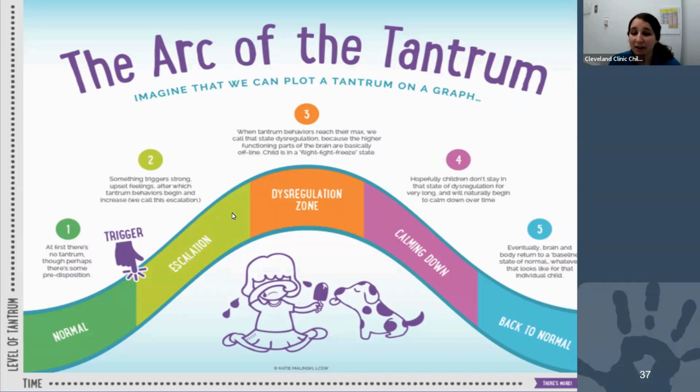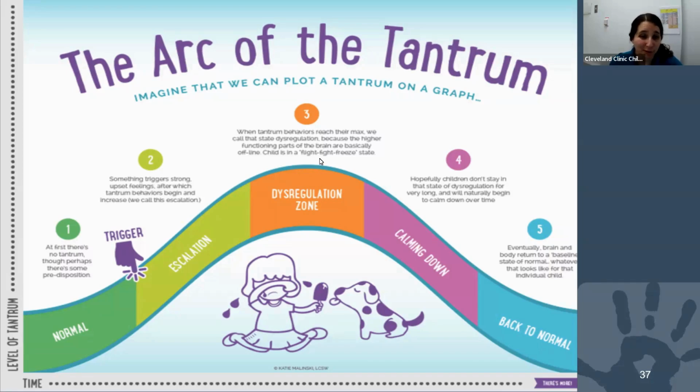A kiddo might be playing, everything's going fine, they're happy. Oh no, something happens, and now they start to get frustrated. They start to get really frustrated. And now they've worked themselves up from that tantrum to a meltdown, where they're really overwhelmed and they can't even think, they can't make decisions, they don't know what will help them because they're too overwhelmed to be helped.